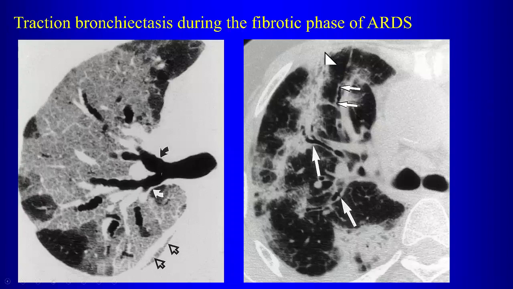Now, when we get fibrosis with ARDS, we start to see traction bronchiectasis. So you see that traction bronchiectasis during the fibrotic phase of ARDS. The difference between the fibrosis we see with ARDS versus UIP, what's different?